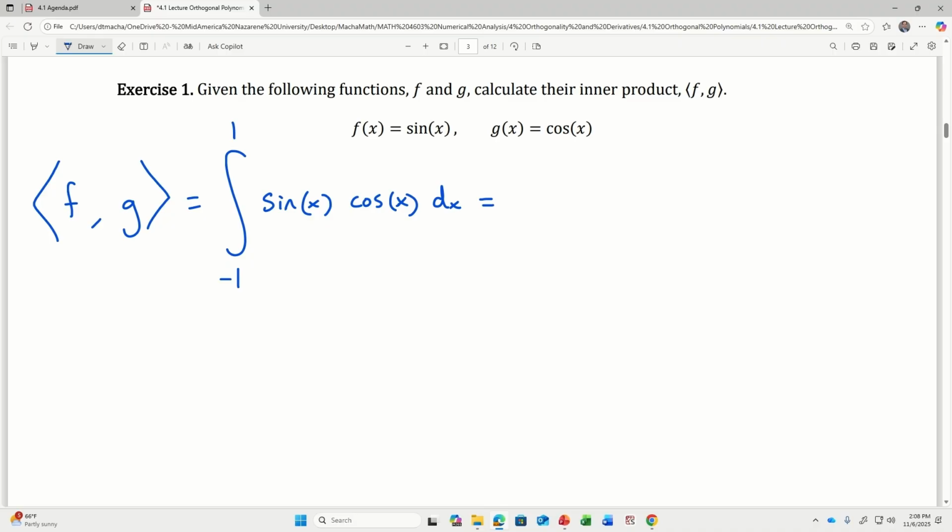So, is sine even or odd? Odd. Is cosine even or odd? Even. So what about sine times cosine? Is that going to be even or odd? Odd. So what's this integral? 0. So the inner product between sine and cosine is 0.